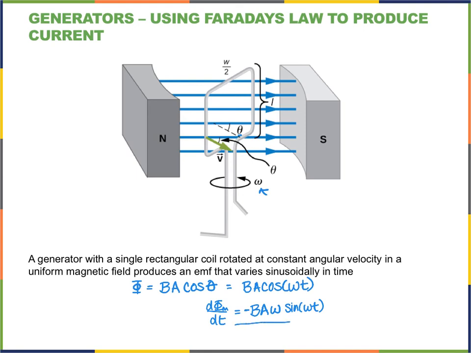And so this is basically what the induced EMF is going to be. Well, I got a negative sign there. And so that is how we create a current, because a current will now start to flow in that wire because of the induced EMF.